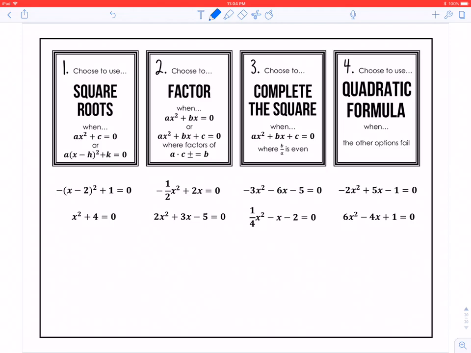You are going to be able to choose what you want, but I will hold you accountable for being able to solve by square roots and factoring, completing the square, and quadratic formula to know that you have a nice full toolbox of options. But which equations you choose to do is completely up to you. You can make it as easy or as challenging as you prefer.